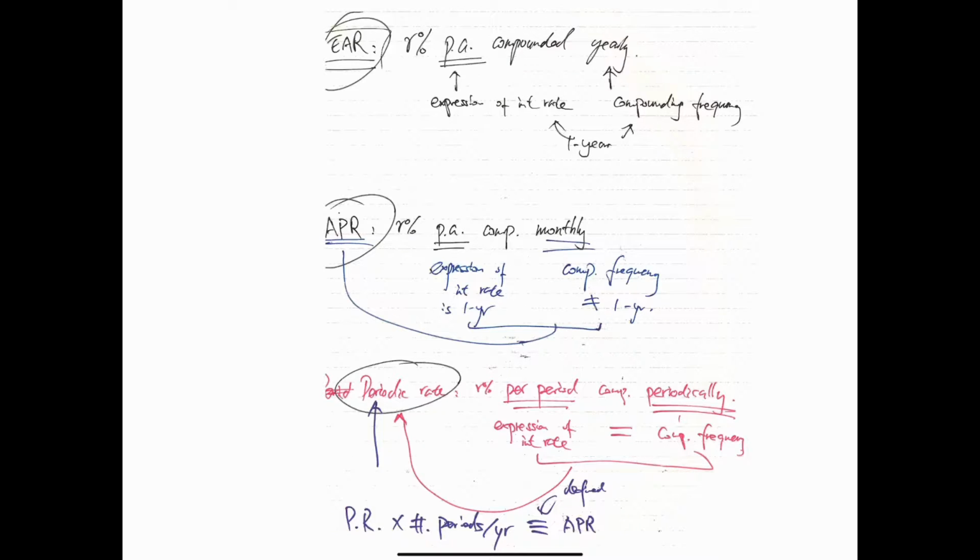And EAR is only important in the sense that when you're trying to compare different interest rates, say if you want to compare a 1 month periodic rate to a 1 quarter rate, you can either convert the 1 month rate to a quarter rate, or you can convert both to an EAR, right? And then you can compare the magnitude of that. We have an example in your workshop that I made last Friday.